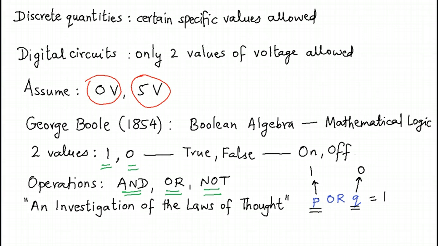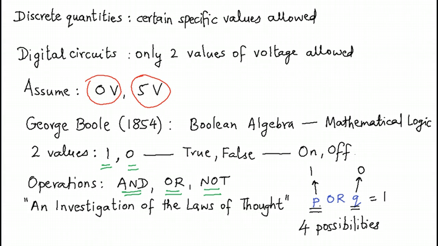Note that when P is 1, Q could be either 0 or 1. And similarly, when P is 0, Q could once again be either 0 or 1. And so, there are totally 4 possibilities depending upon the values of P and Q. And corresponding to each permutation of P and Q, we have a well-defined answer, which of course is going to be either 0 or 1.